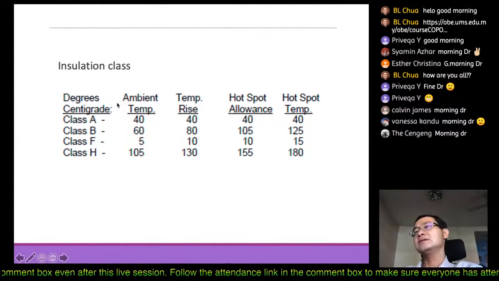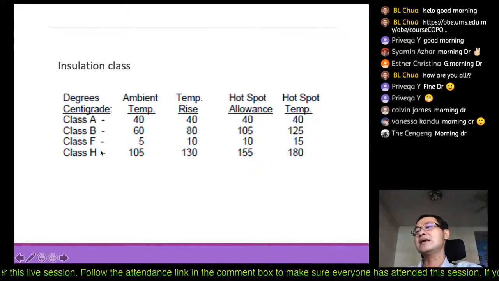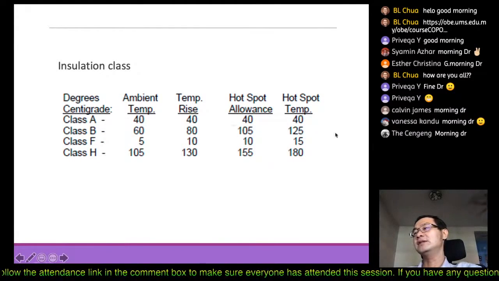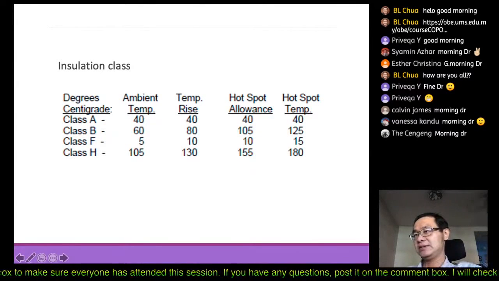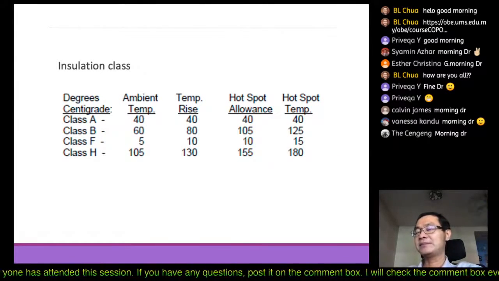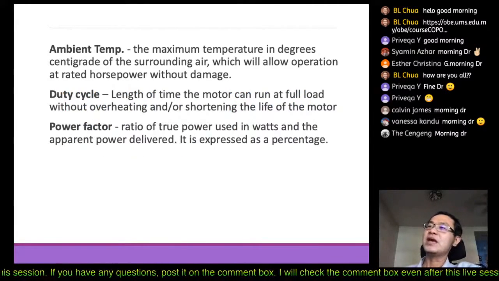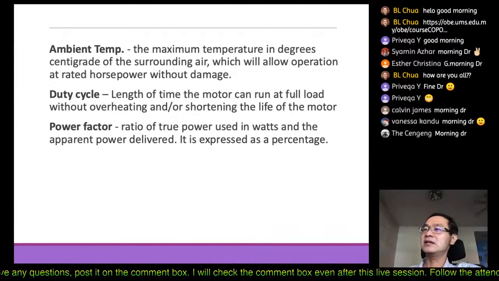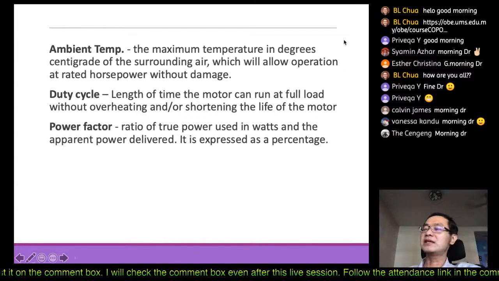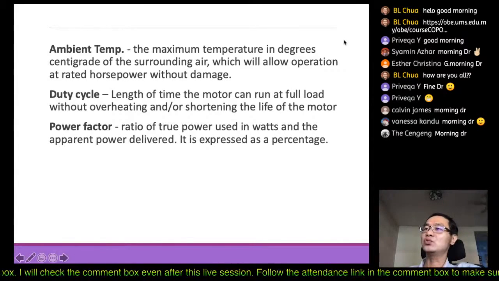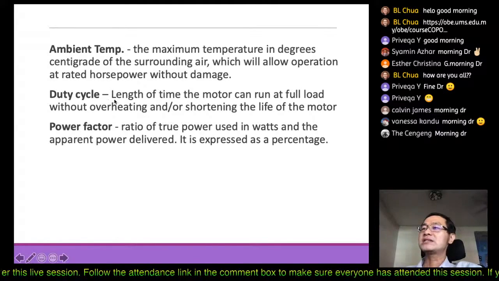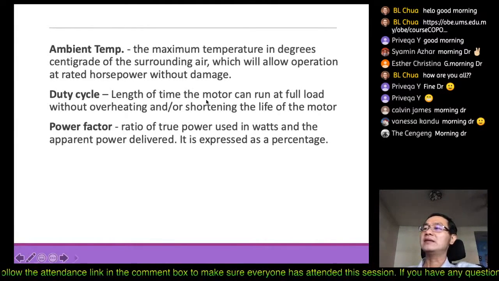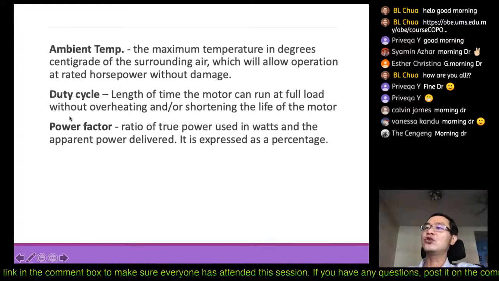You can see that this is the insulation class A, B, F, H, for different parameters. Then we have the ambient temperature, the temperature that we expect the motor to run at, and then the duty cycle, how long the motor can run at full load without overheating.